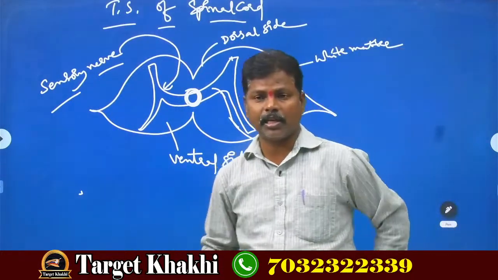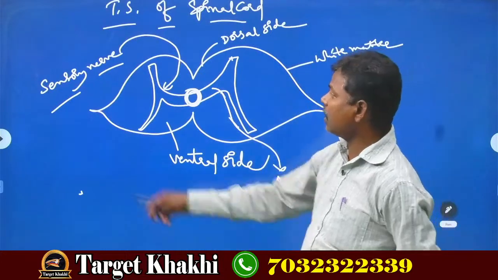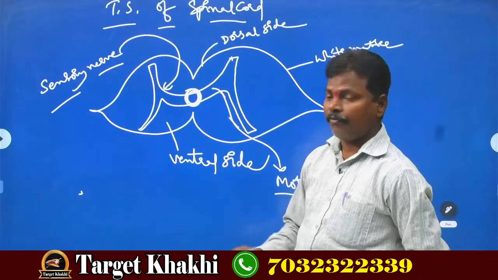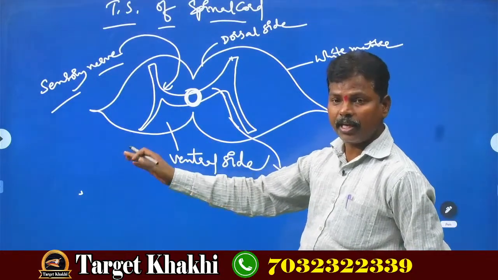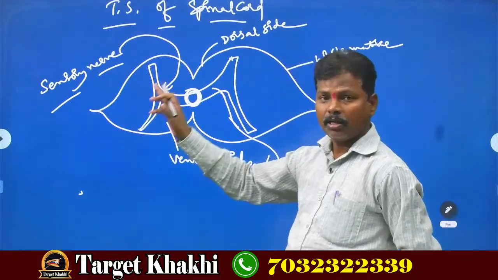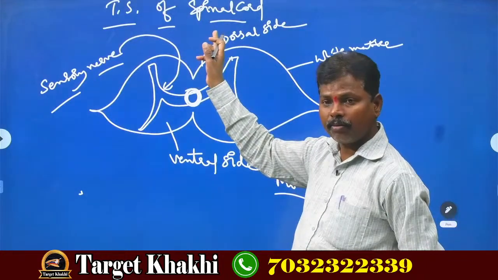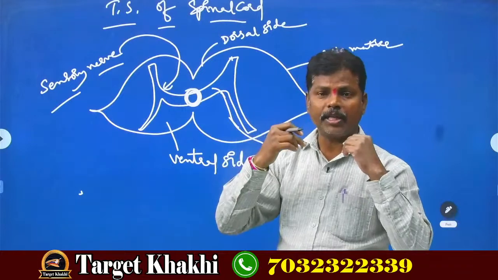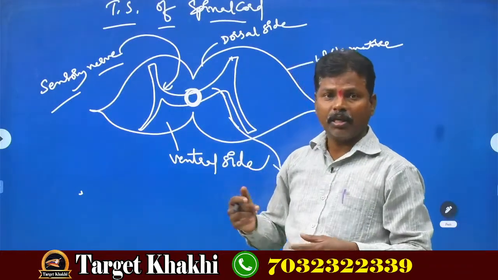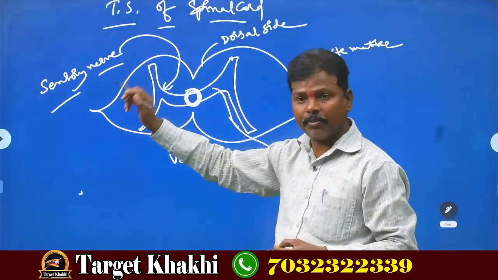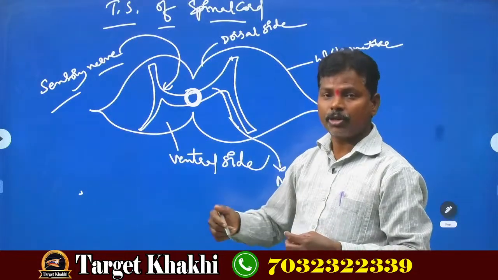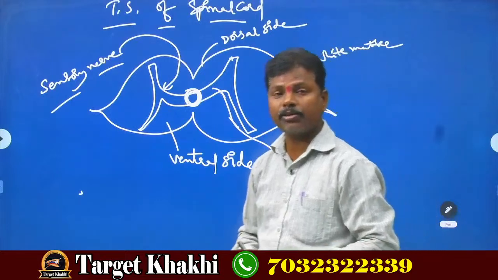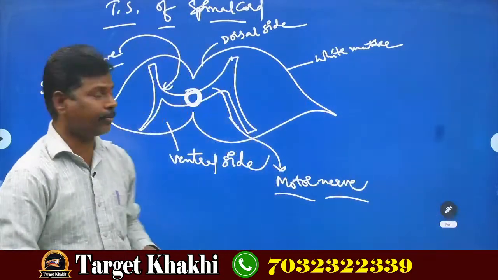Sensory nerves are the nerves which carry messages from sense organs, and from the muscles also, to the brain. These are also called afferent nerves.